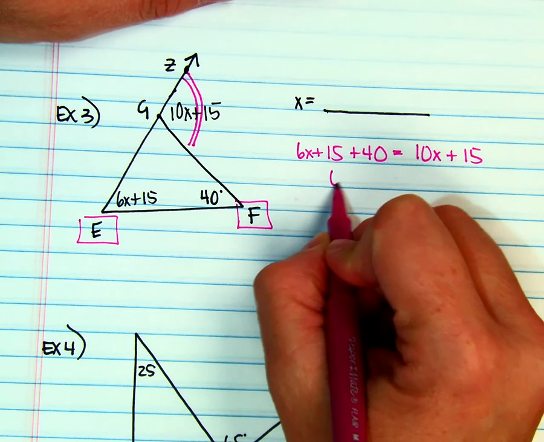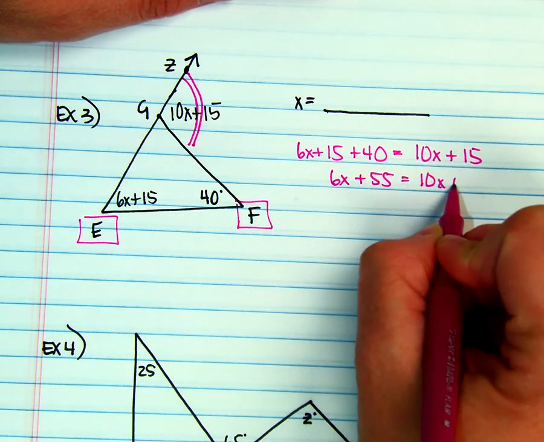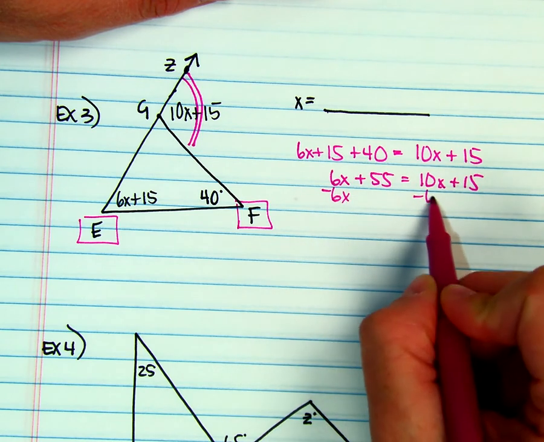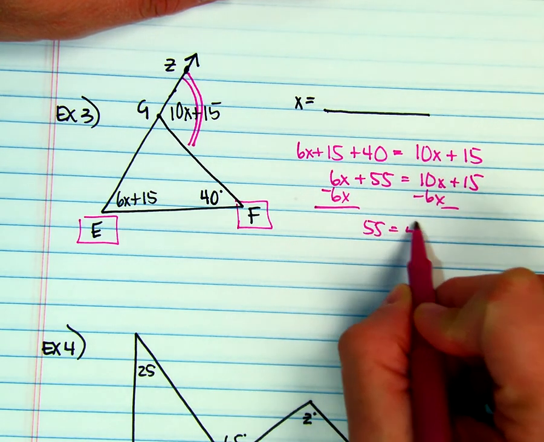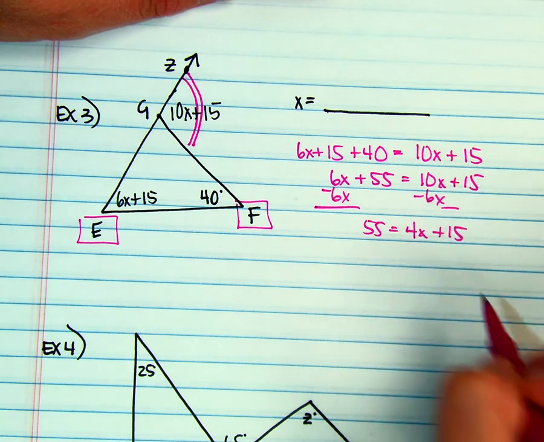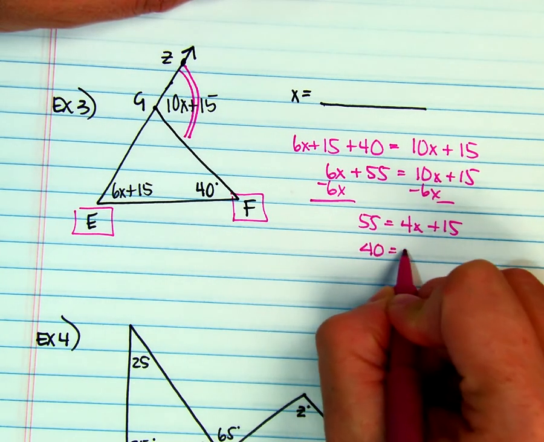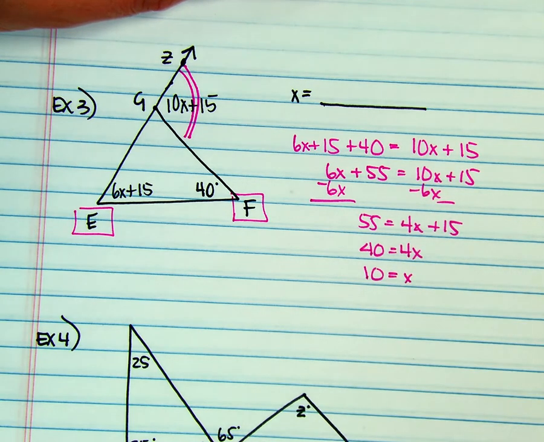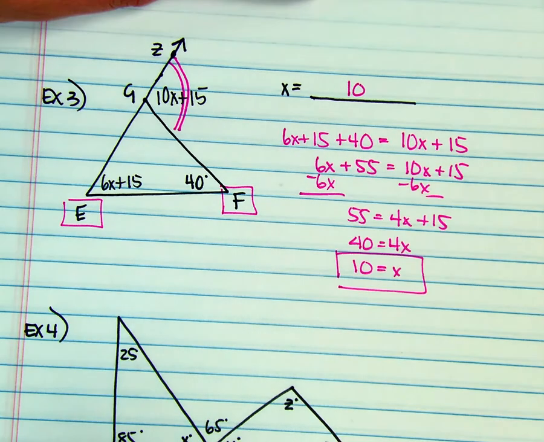Combine some like terms. 6x plus 55 equals 10x plus 15. I'm going to subtract 6x from both sides, which gives me 55 equals 4x plus 15. Subtract 15 on both sides, I get 40 equals 4x. Therefore, x equals 10.